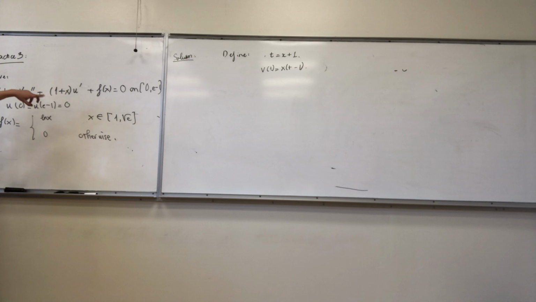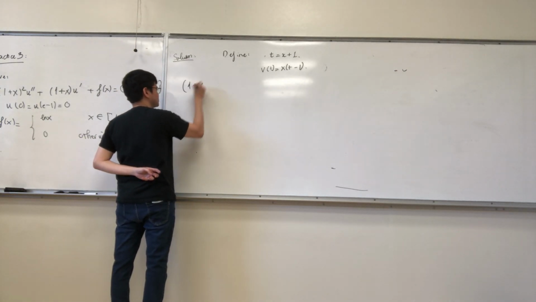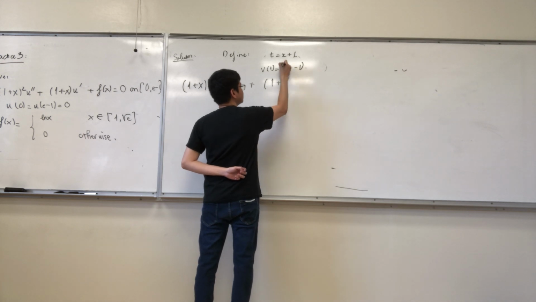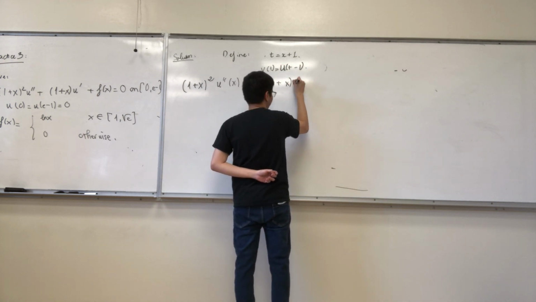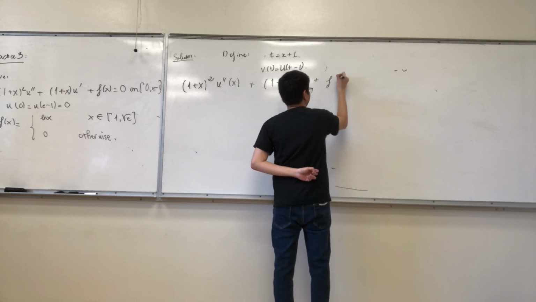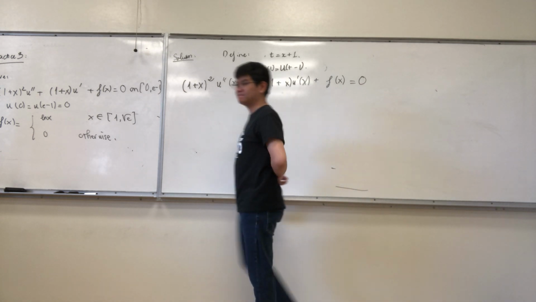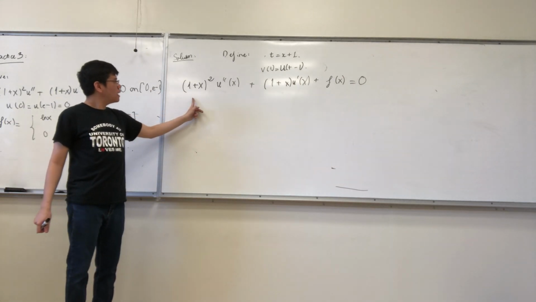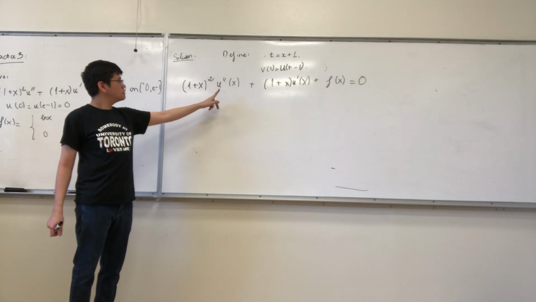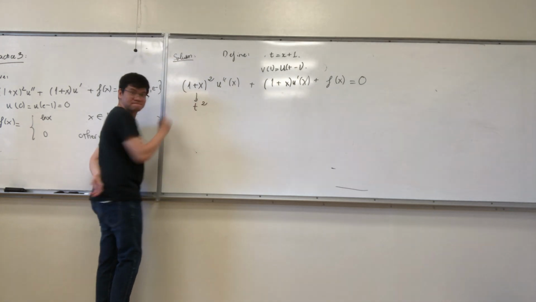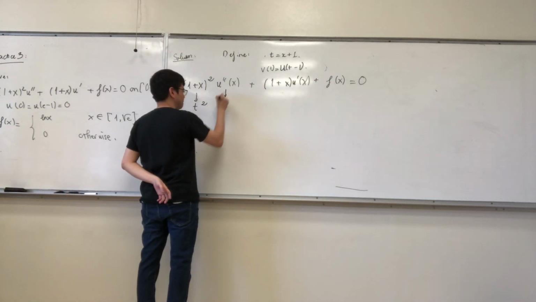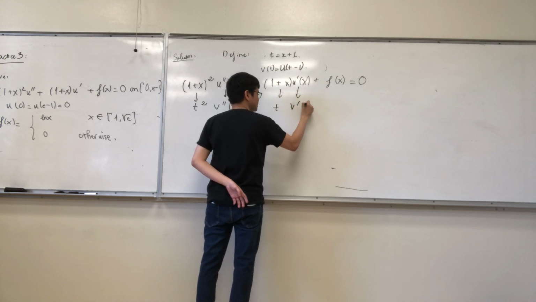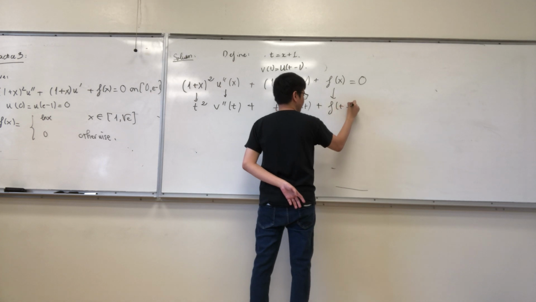So this equation, (1 plus x) squared u double prime plus (1 plus x) u prime of x plus f of x is 0, becomes t squared, then t times v prime of t, then f of t minus 1.